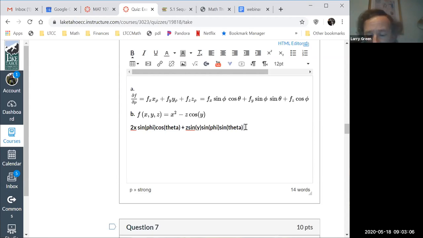And then finally, plus f sub z, and f sub z is cosine y times cosine phi. And that's it. Again, I didn't ask you to simplify it. I just want to make sure there are no derivatives when you're done. You don't have to substitute the x and y in there.